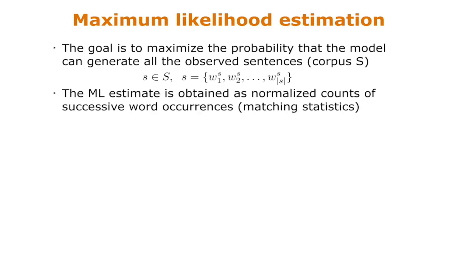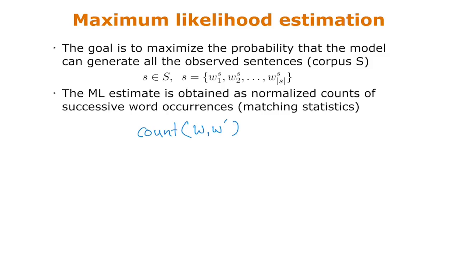But for now, I'm just going to show what the answer is, since it is intuitively clear. To get the answer, we simply count pairs of successive words that occur in the whole corpus across the sentences in that corpus. We say that we have a count, which is just an integer number of how many times pair of successive words W then followed by W prime occurs in the whole corpus.